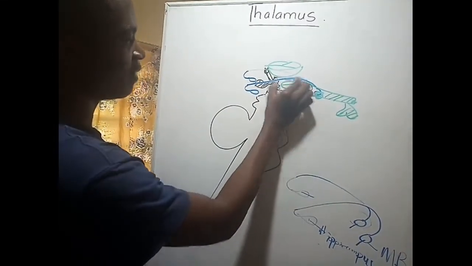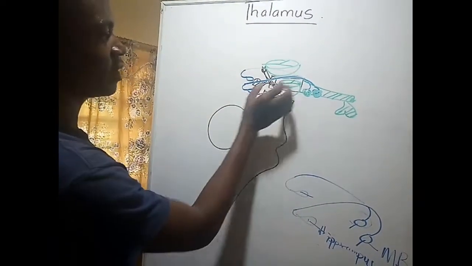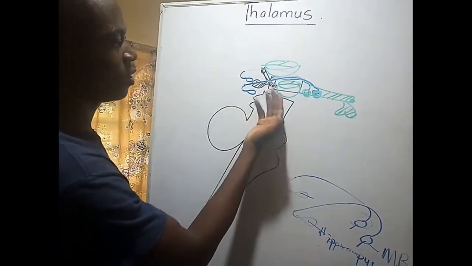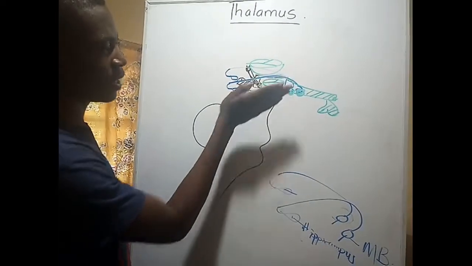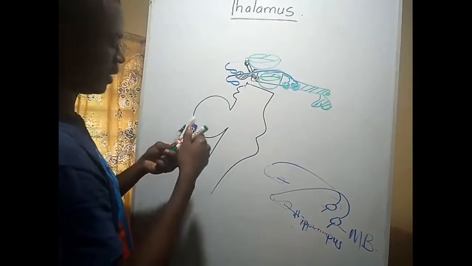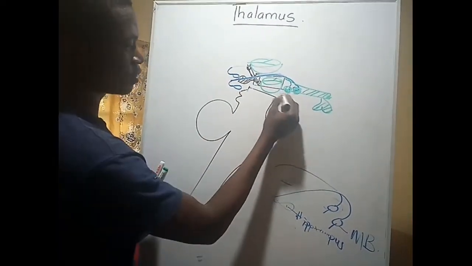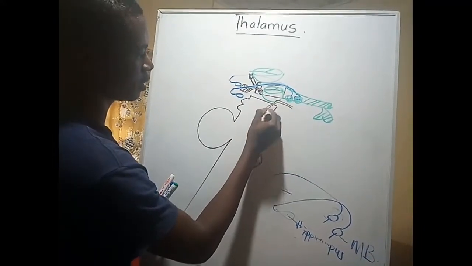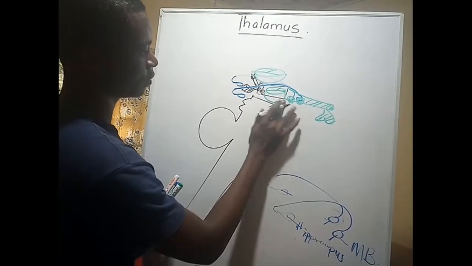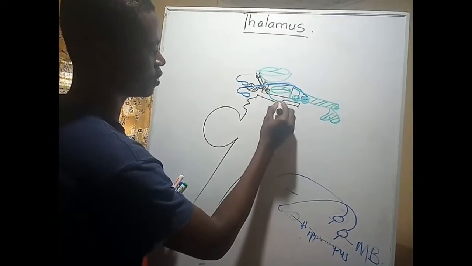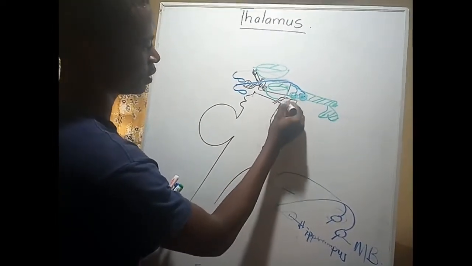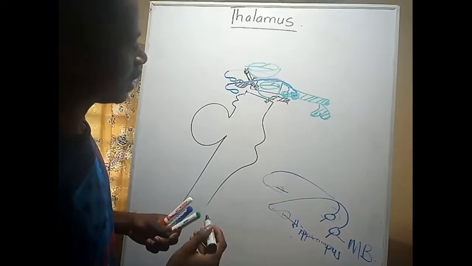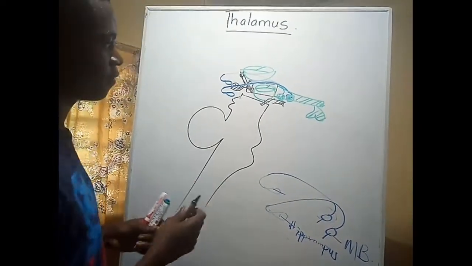We have the thalamus here. Medial to it, we have the cavity of the third ventricle. Laterally, when we look at the lateral part of the thalamus, we have a structure going up like this, which we call the internal capsule, which is lateral to it. So this is a rough diagram.